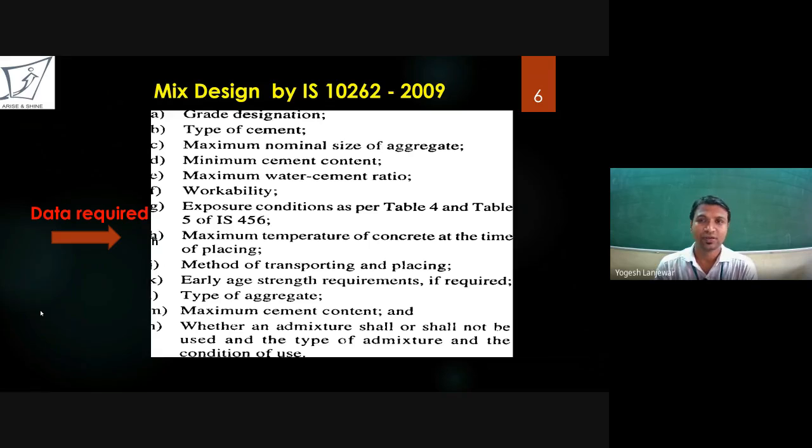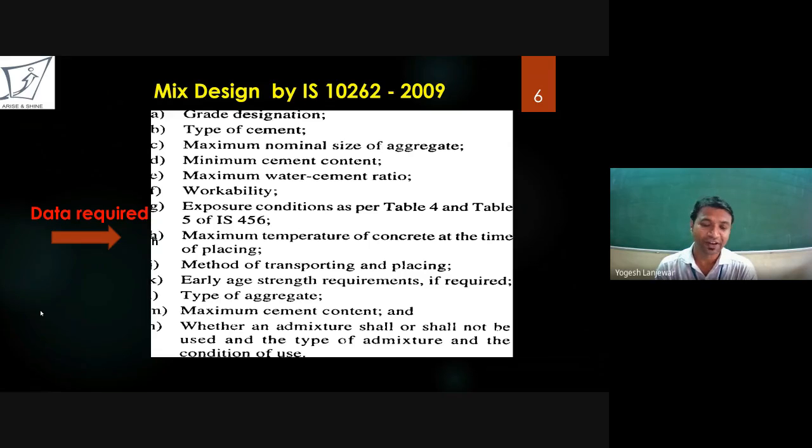Depending upon the requirement, the IS code also specifies what the maximum nominal size of an aggregate should be. Minimum cement content is the fourth part which we should have. Then maximum water cement ratio. The range of water cement ratio is 0.45 to 0.6, and we have to pick in between 0.45 and 0.6. So the maximum water cement ratio should be available with us.